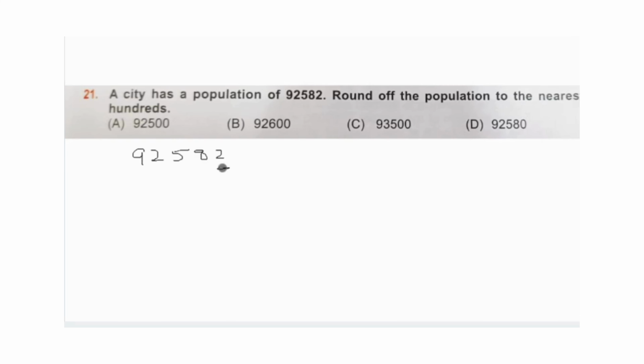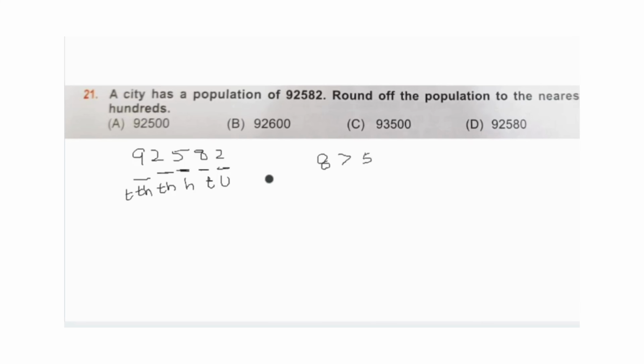Now in the ones place you have 2, at the tens place 8, hundreds place is 5, at the thousands place you have 2, and at the ten thousands place you have 9. Since the question says to round off to the nearest 100, the digit at the hundreds place is 5, and the next digit is 8, which is greater than 5.